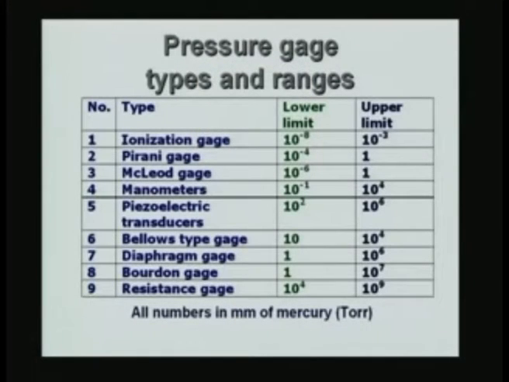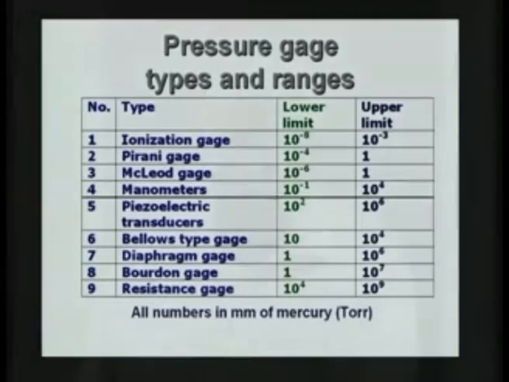So, the membrane is one electrode of a capacitance, and you have an anvil which is going to be a fixed electrode. By the application of the pressure, the membrane is going to undergo a change in shape, and because of this the spacing between the two electrodes is going to change, and because of that the capacitance will change. So, a capacitance gauge which measures the pressure is essentially a diaphragm gauge where the spacing between two electrodes is going to change.